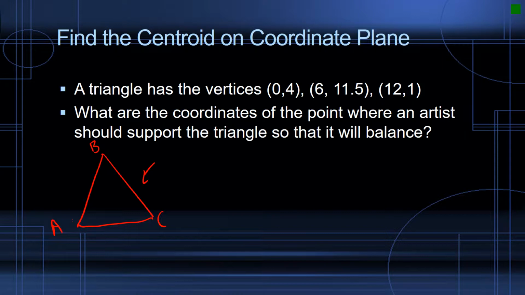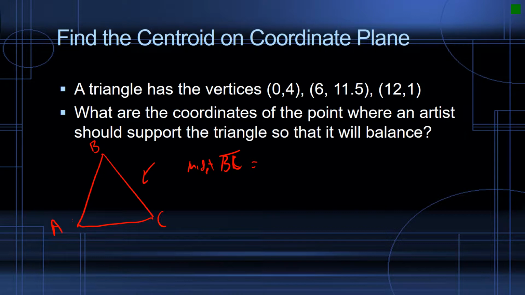So in order to find the midpoint of segment BC, I'm going to take the x coordinates of B and C divided by 2, and the y coordinates of B and C divided by 2, and that's going to give me the coordinate of that midpoint.